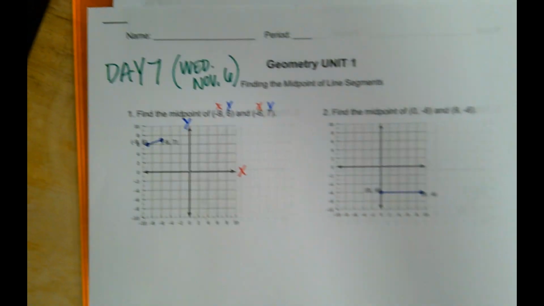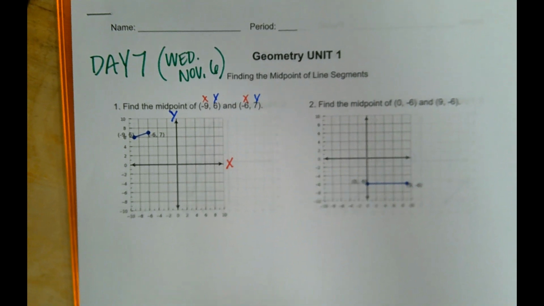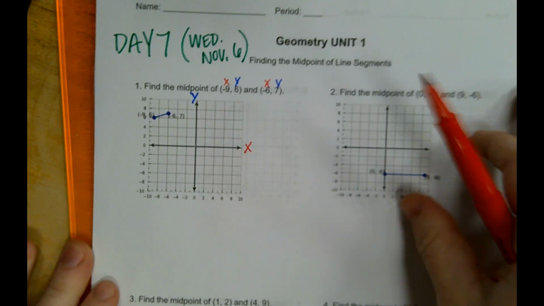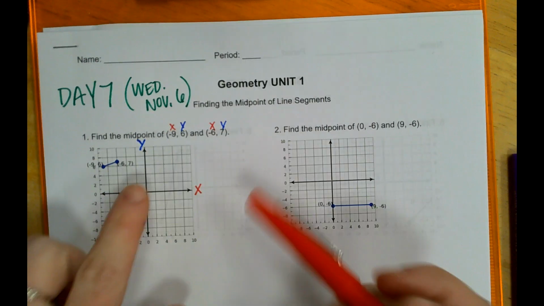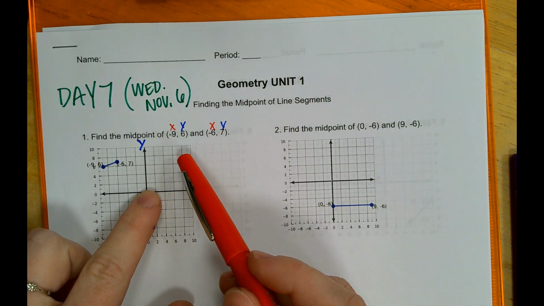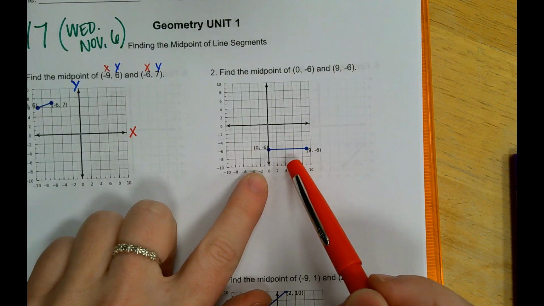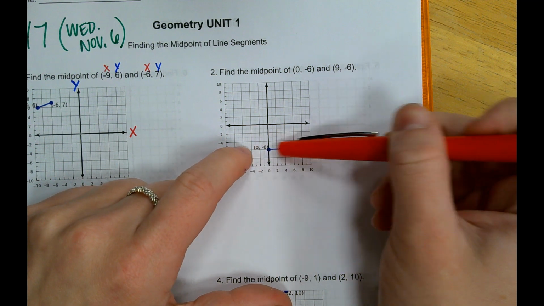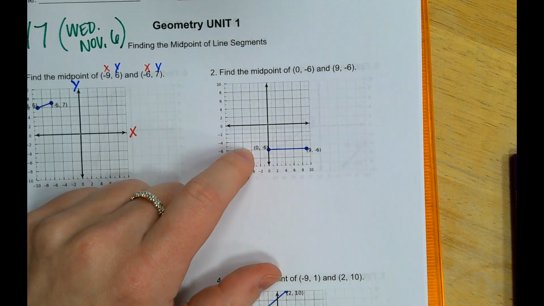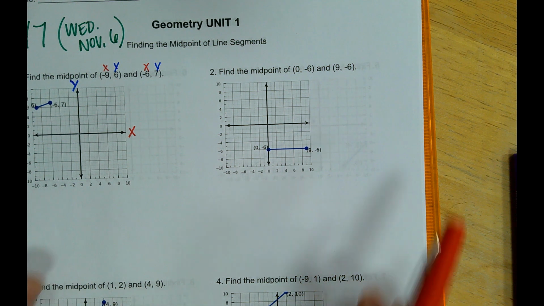So before I solve this, I'm actually going to write the midpoint formula at the top of my worksheet just so I can refer to it for all of my problems. Because if it was a line like in number 2, where I could just count and see where the middle point is, I won't need a formula.